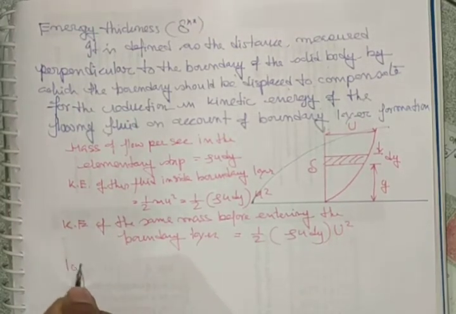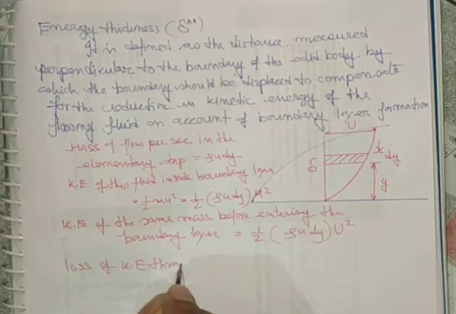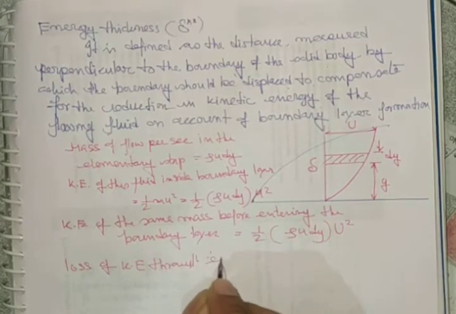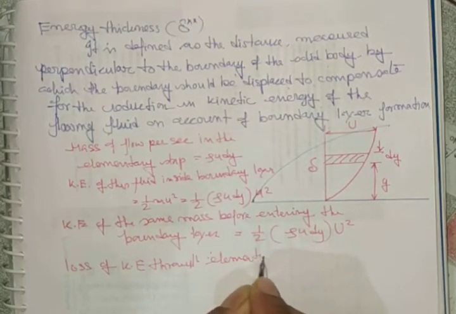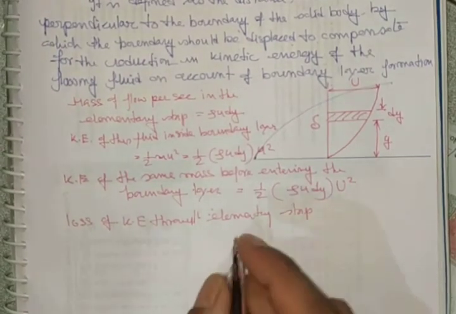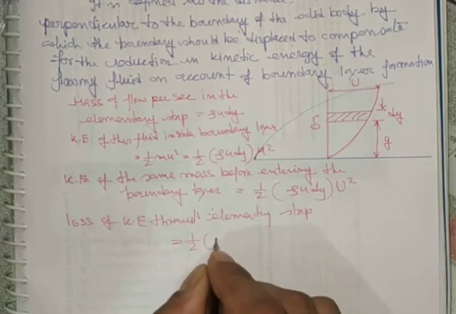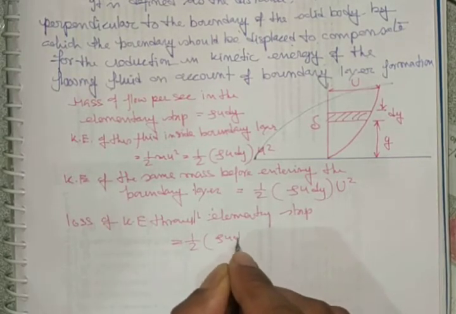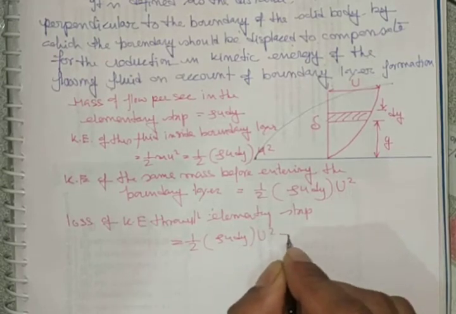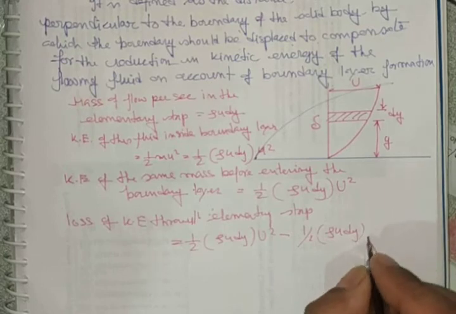So loss of kinetic energy through the elementary strip is given by half of rho u del y capital U square minus half of rho small u del y small u square.